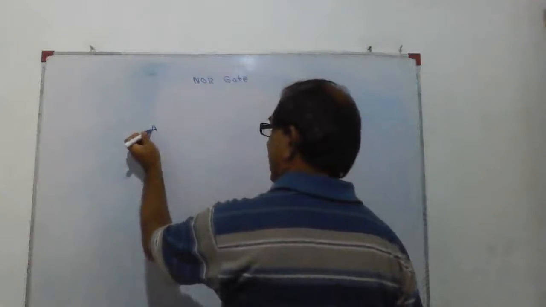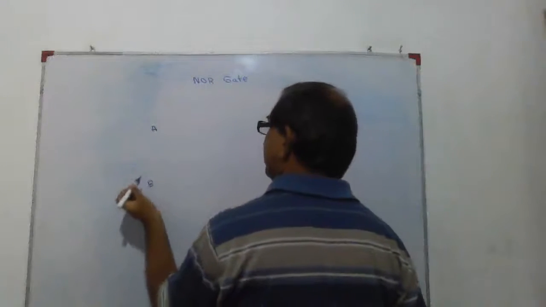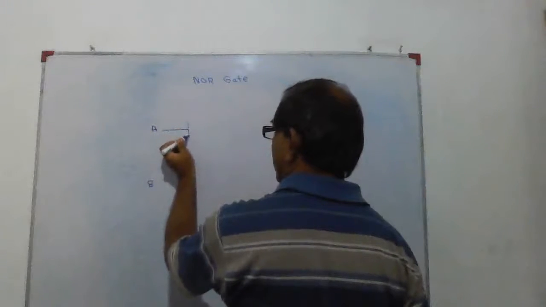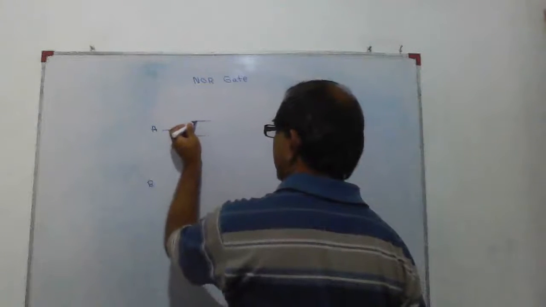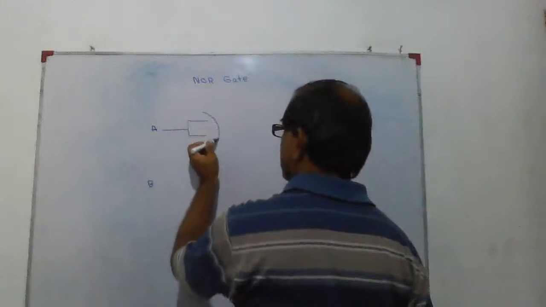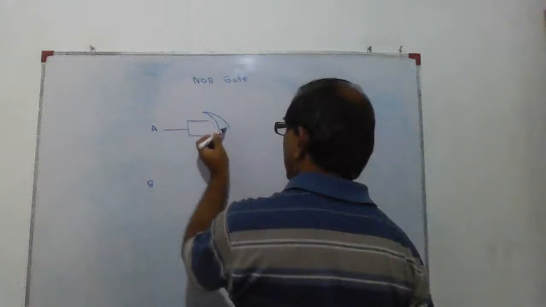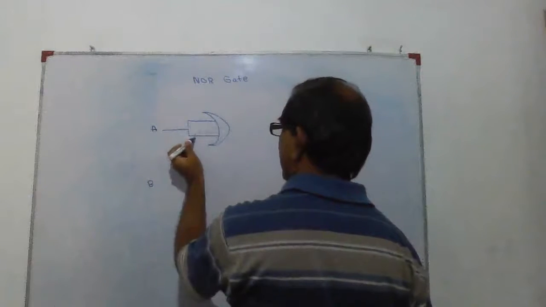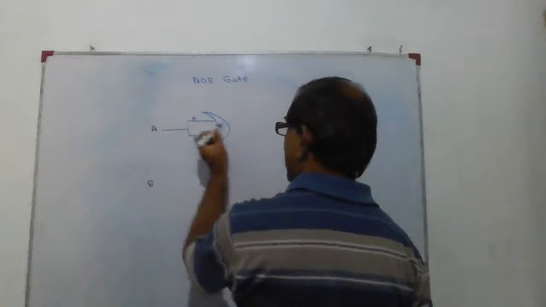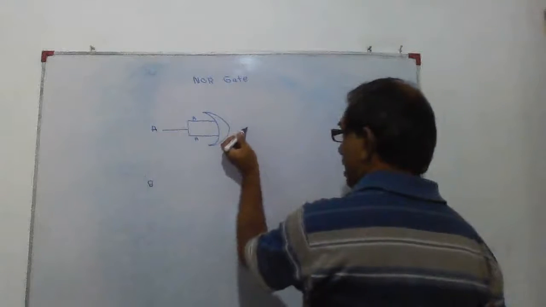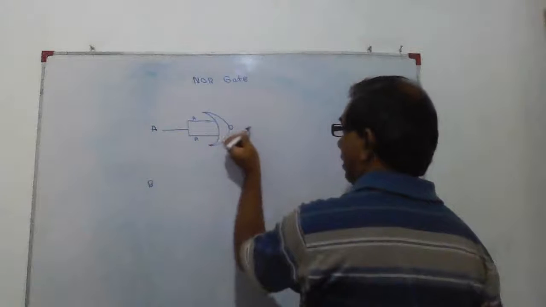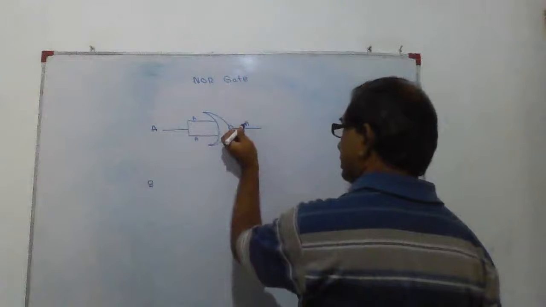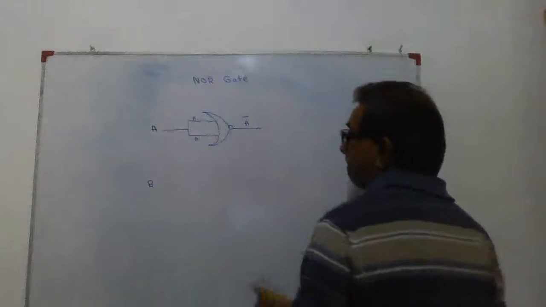I would like to get A and B. A is used to send input to the first NOR gate. This is the first NOR gate. A is coming from both sides. A NOR A. We have inverter here. A NOR A bar. Now it means A bar. But here we have B.